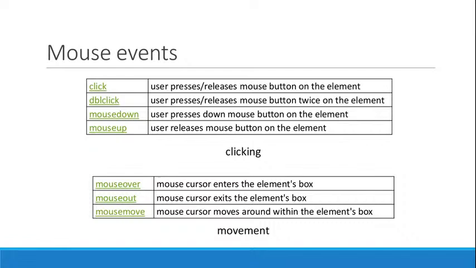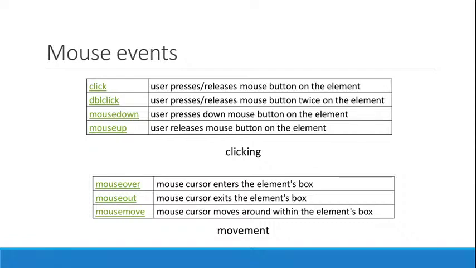That's done by a mouse down, which means you are selecting a particular thing and keeping it selected for a period of time while moving it around. And then mouse up is when I leave that selection.